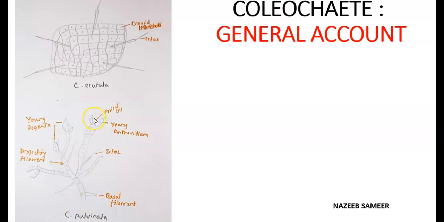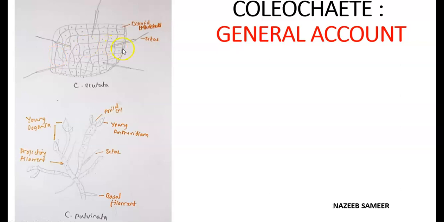You can see that on the top of the structure you can see the sexual reproductive structures like antheridia, oogonia, etc. And this erect system is developed by the continuous division of this apical cell. In the case of discoid thallus, there will be reproductive structures like antheridia and oogonia in between.